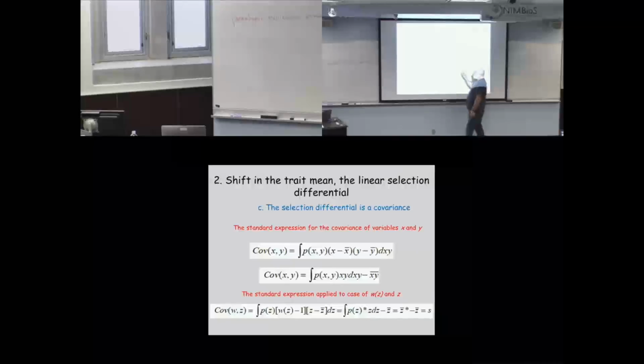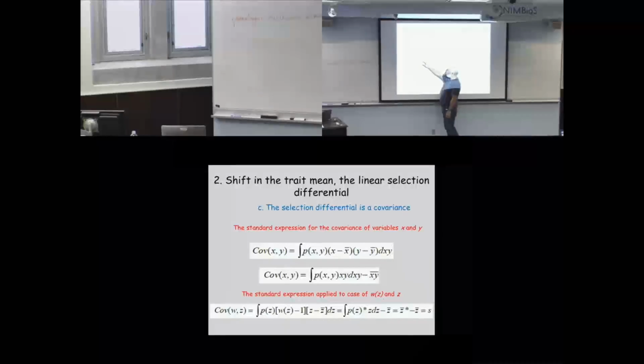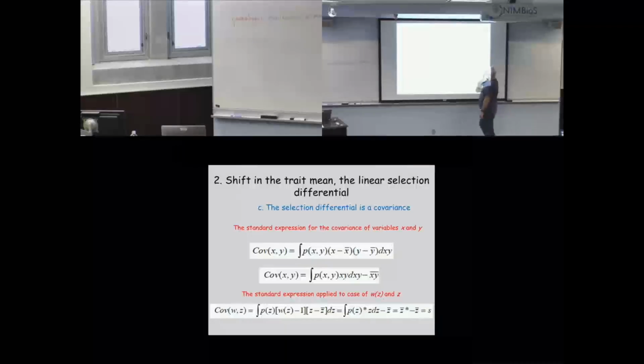First of all, let's just begin for continuous distributions, the standard expression for the covariance between two random variables x and y. All right? So if you did this in sigma notation, what you would take is all of the deviations in x from their mean and all of the deviations in y from their mean, take their product, and just take that column of products and add them up, right?